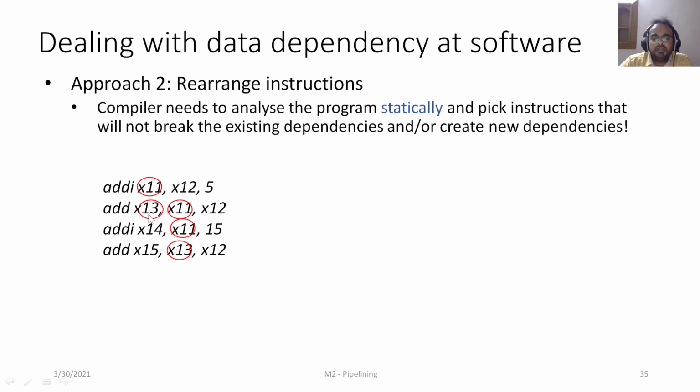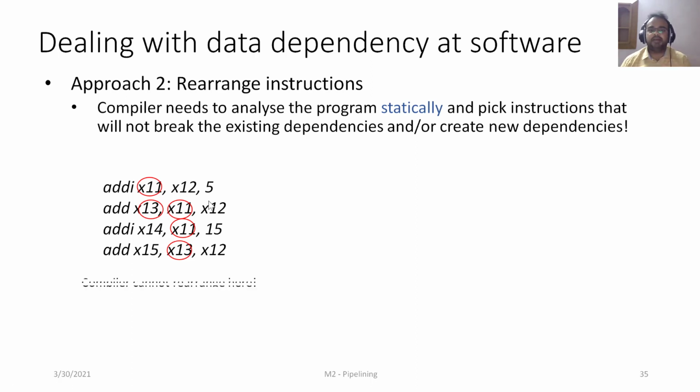Yes, it can, because there is no new additional dependency that gets created. So the fourth instruction, add x15, x13 and x12, will be before ADDI x14, x11 and 15. In that case, there can be a reduction of one stall, but basically that will not work because instructions 2 and 4 are dependent.